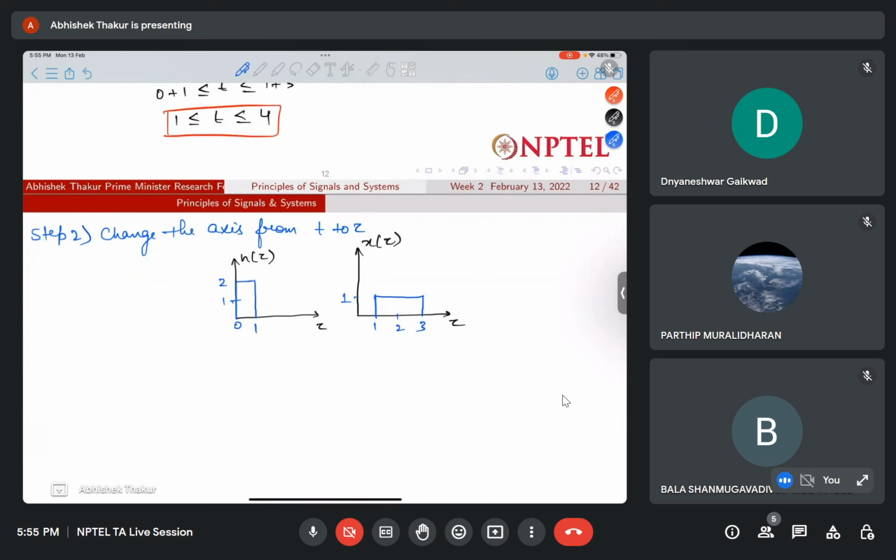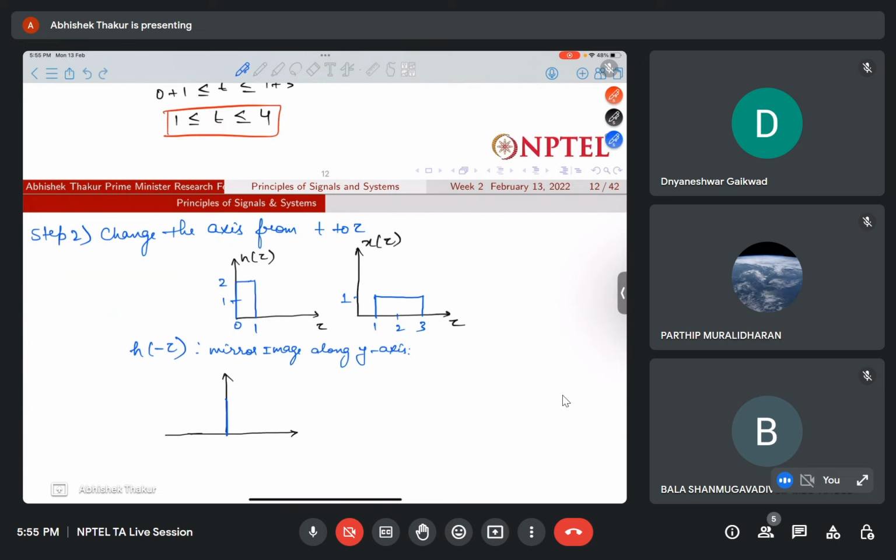Now we will find h minus tau. So this will be the mirror image along the y-axis. Our h minus tau will be the mirror along the y-axis, so it will be like this.